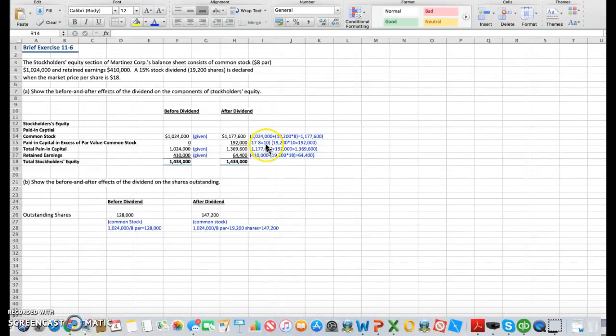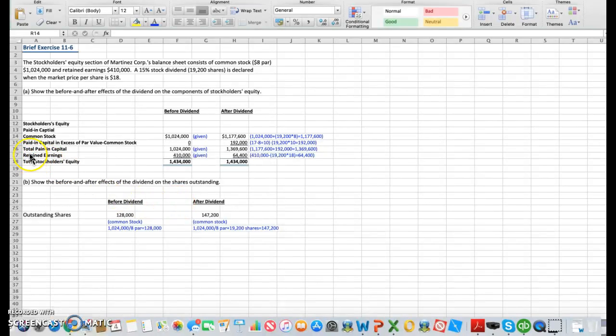Sorry, that was a typo. Then you calculate the shares times 10, and that's where you get the $192,000 for the paid-in capital in excess of par value after the dividend.